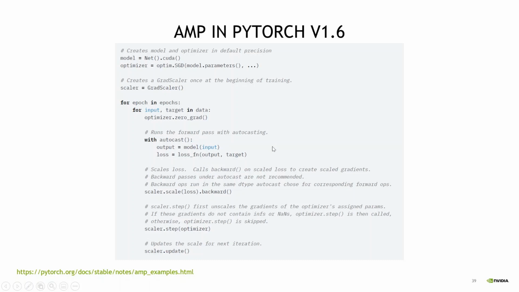We get the loss that was computed with the FP16 weights of our model. After that, we scale the loss and call backward on the scaled loss to create scaled gradients. After that, we do a scaler step that firstly unscales the gradients of the optimizer, and after that we update the scaler for the next iteration.